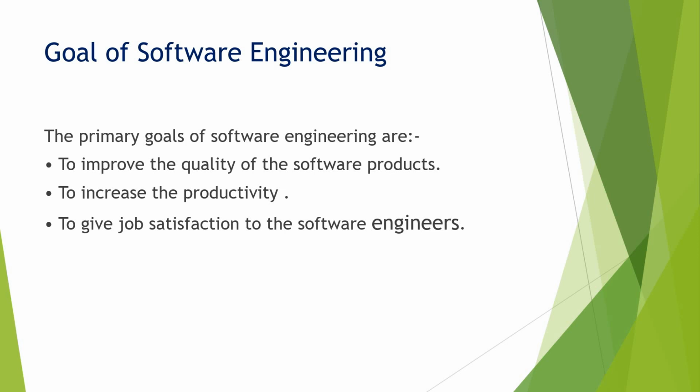Now, what is the goal of software engineering? The primary goal of software engineering is first to improve the quality of the software product, and also increase the productivity and job satisfaction of software engineers.